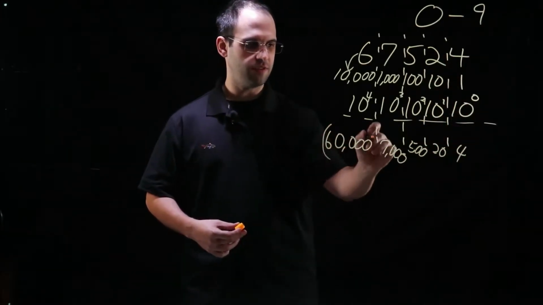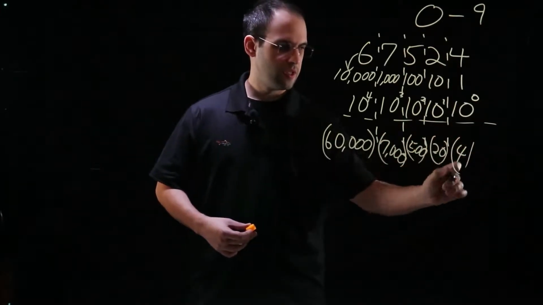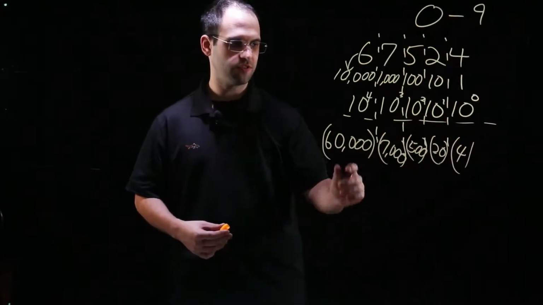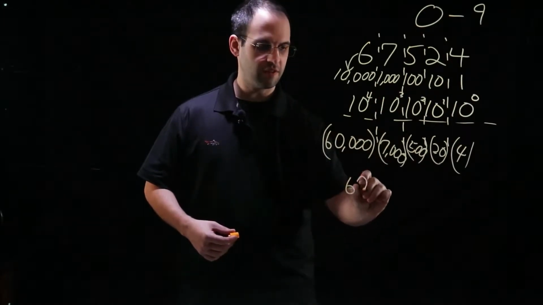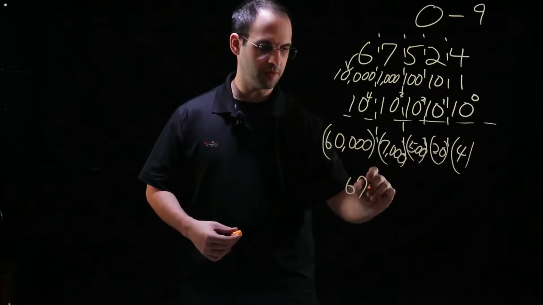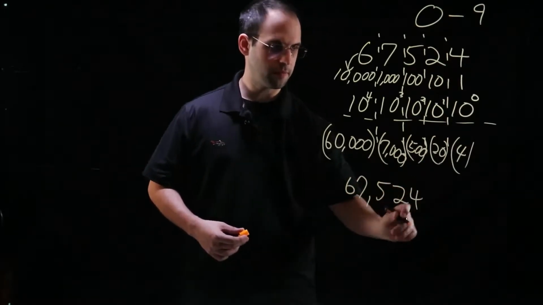And if we took each of these positions for their given value, and took the sum of all of these positions, we would get our 67,524.